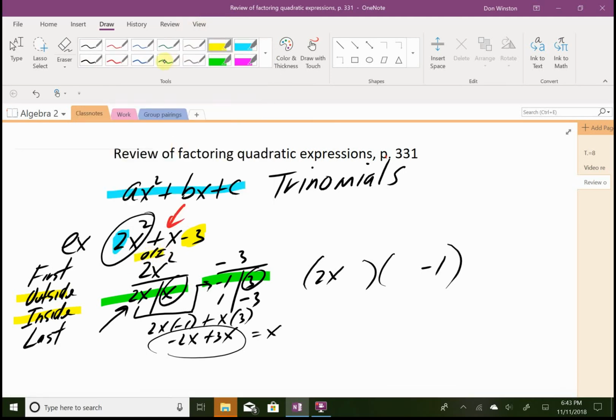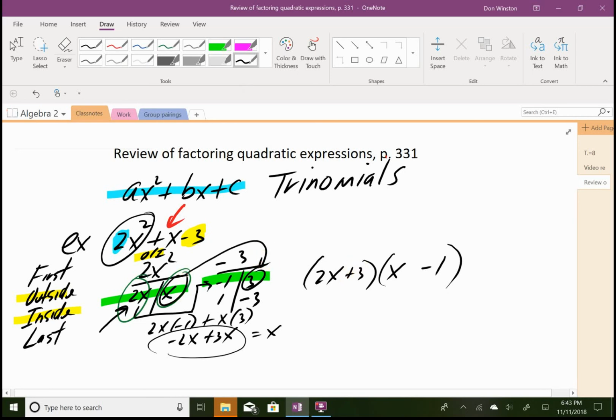This column here is my O, and this column here is my I. Outside, inside. So 2x times negative 1, those are my outside terms. And in the inside term, I have my x, but I multiply that 1 times 3, so plus 3. All right, so there we go.